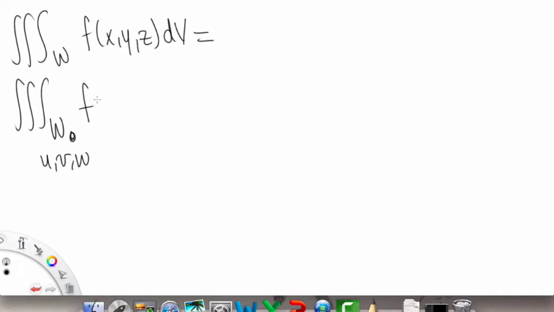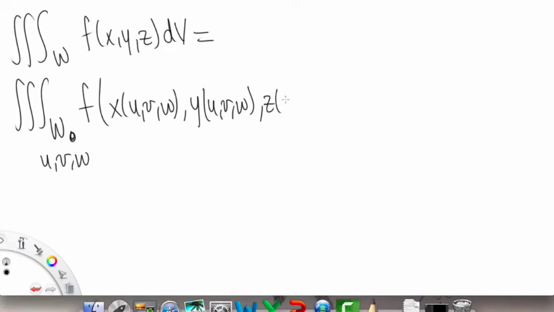And as far as the x, y, and z are concerned, these are going to be determined by u, v, w points now. U, v, w takes up some space, but the more you add on variables, the more complicated and lengthy things get. So that's the first part. And then we have the all-important Jacobian.